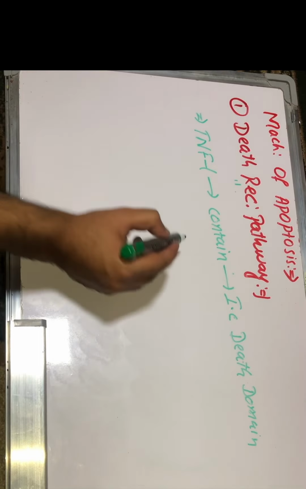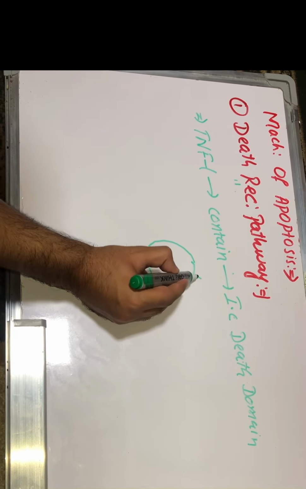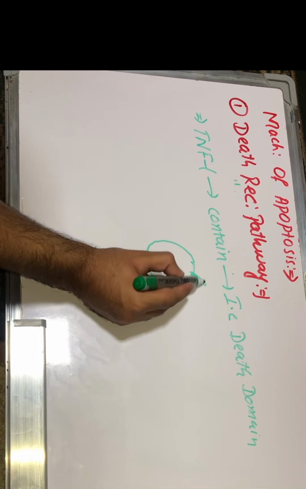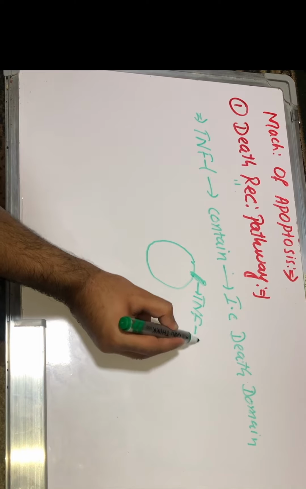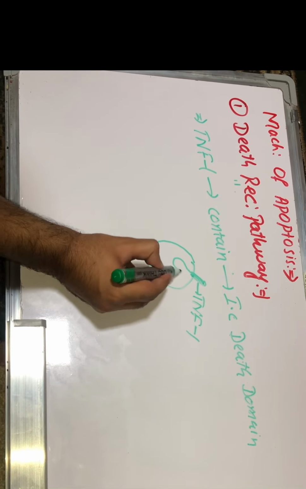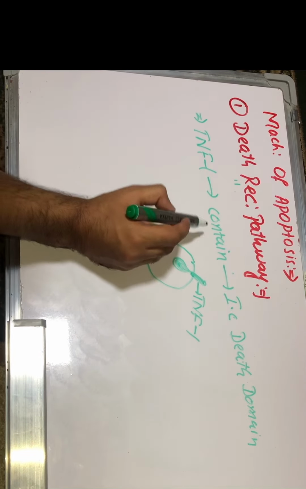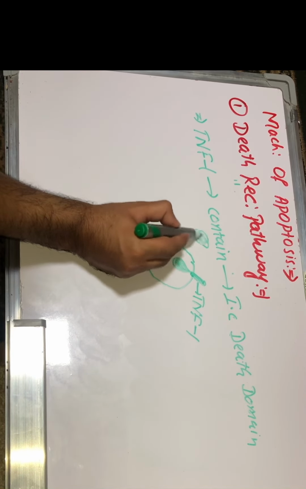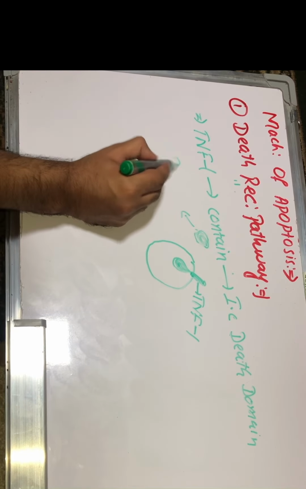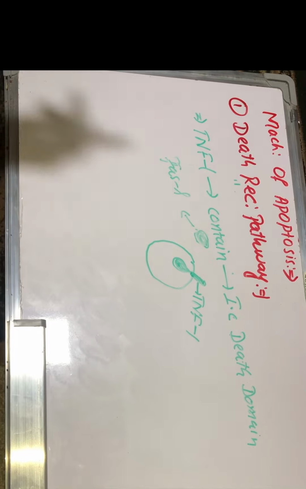For example, this is a cell and this is a tumor necrosis factor 1. It contains an intracellular death domain and acts as a receptor for Fas ligand. For example, this is Fas ligand.